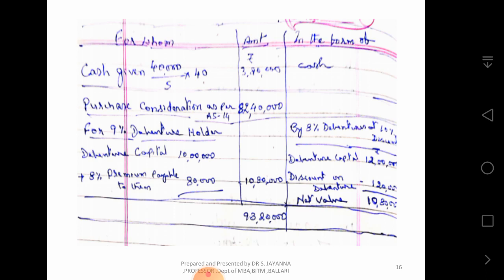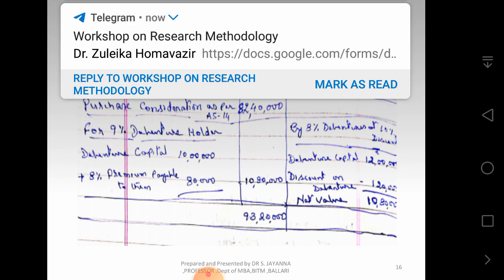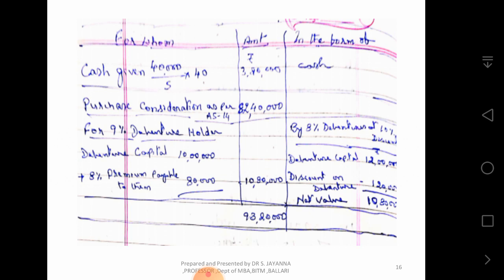For debenture holders, their amount is 10 lakh, 8% premium is payable, so it comes to 80,000. 10 lakh plus 80,000 is equal to 10 lakh 80,000. How are they paid? They are paid at a discount of 10%. Debenture capital is 12 lakh, discount on debentures 1 lakh 20,000.